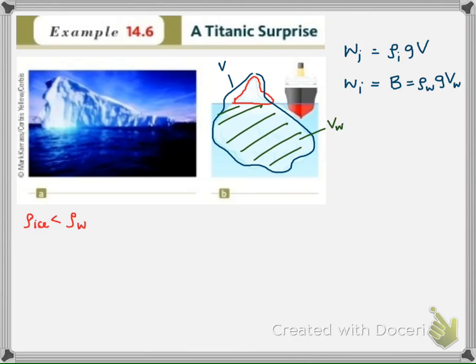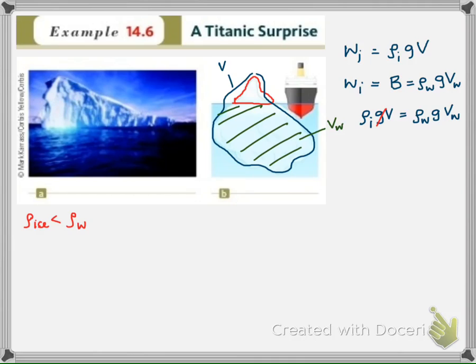So we have rho of ice times g times total volume of the ice is equal to rho of the water times g times the volume of the ice under the water.